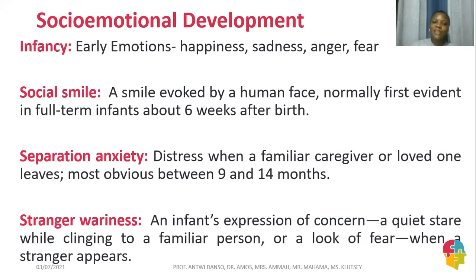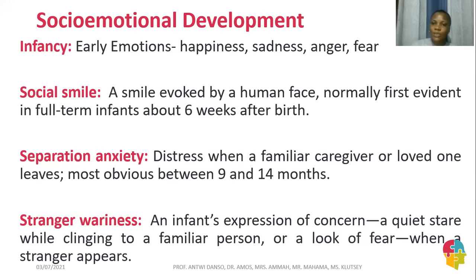Then we have stranger wariness. So the child expresses concern or they stare at an unfamiliar person when they see one. Usually after about age 1, the child is able to even discriminate between who is their mother or father and who is not.